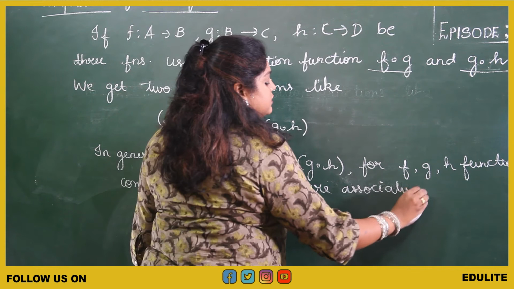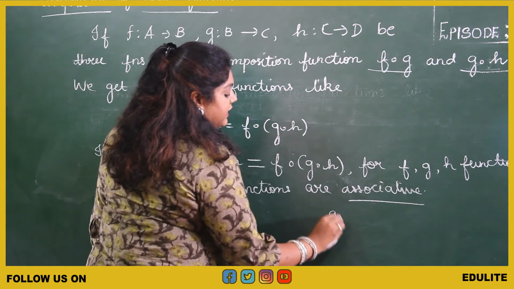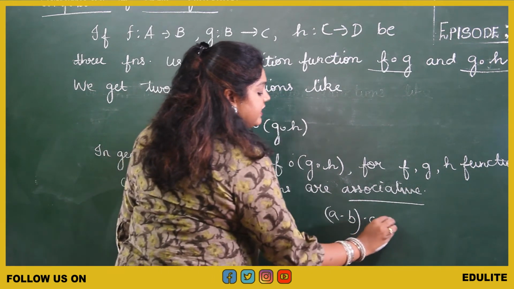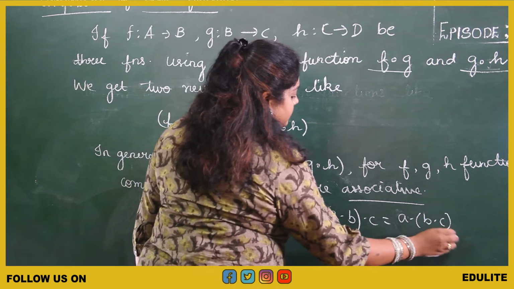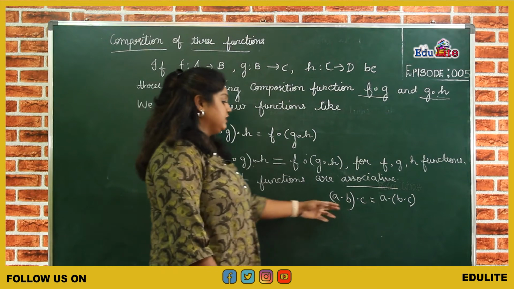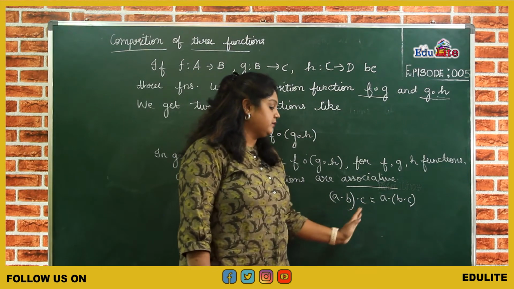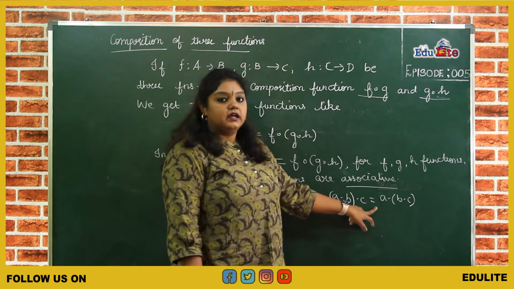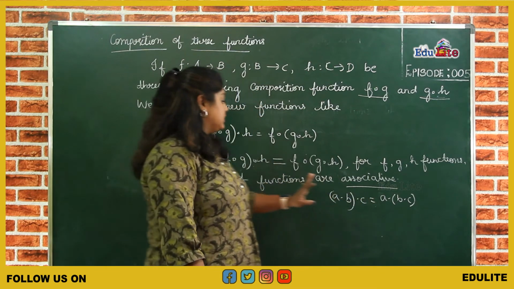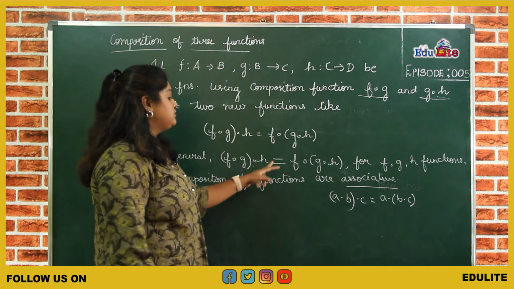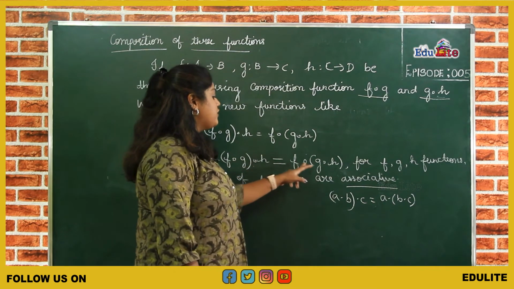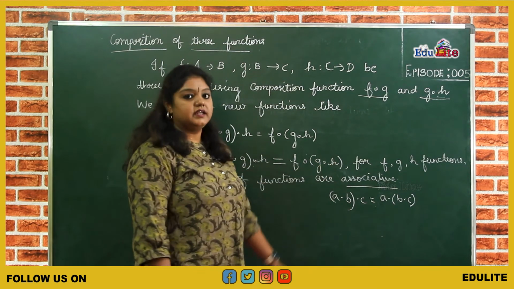What is meant by associative is a dot b dot c will be equal to a dot b dot c. So if we take three functions and the brackets are changed on both sides, it will give the same value if we equate it. Similarly, composition of three functions, f composite g composite h, will always be equal to f composite of g composite h.